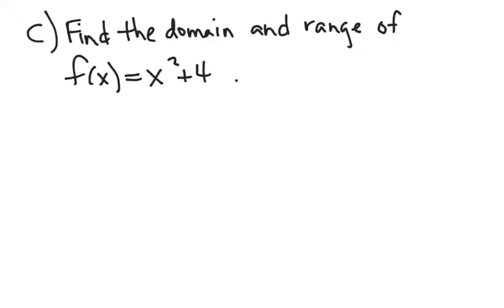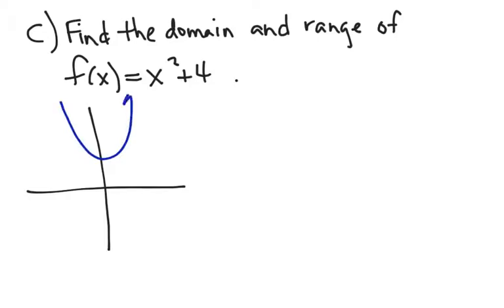Let's find the domain and range of f of x equals x squared plus 4. Well, when finding the domain and range, you can look at it in a couple different ways. One way is to look at it by graphing it. If you graph it in your calculator, it's going to look something like this. The domain says, what numbers can you plug in place of x and always get a number out?